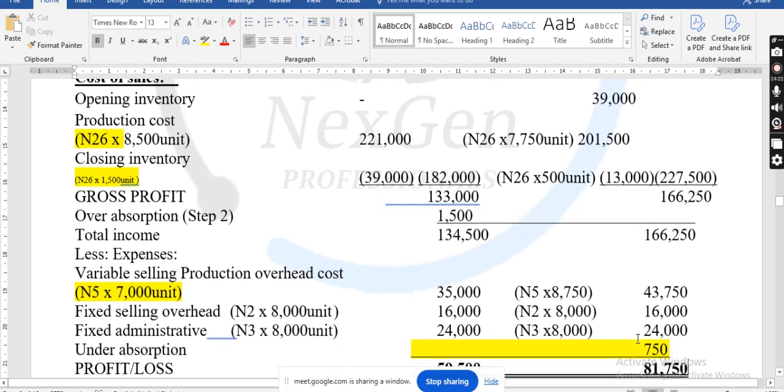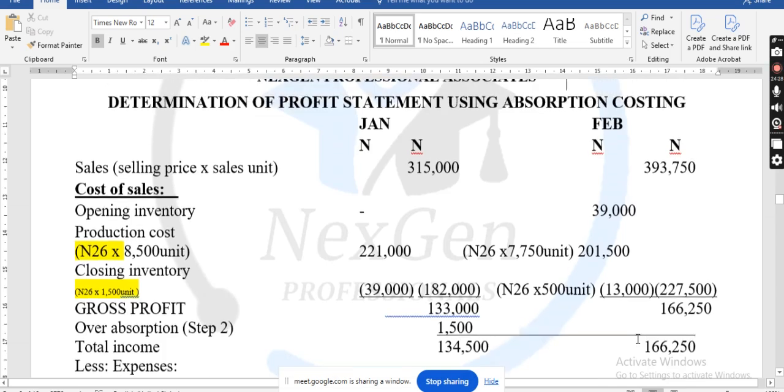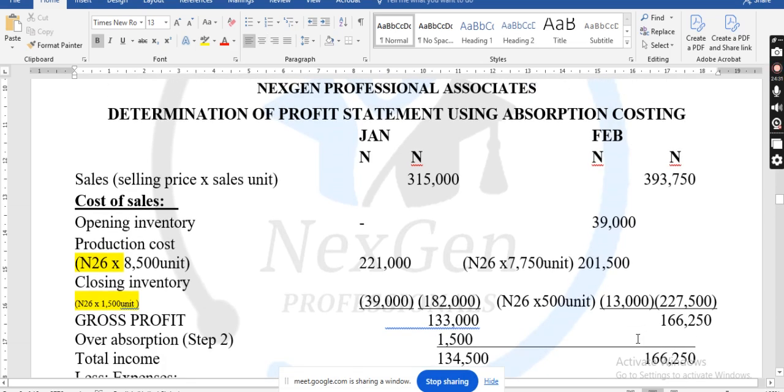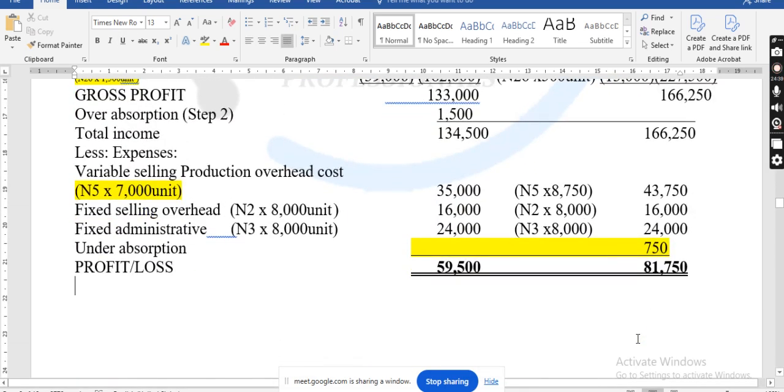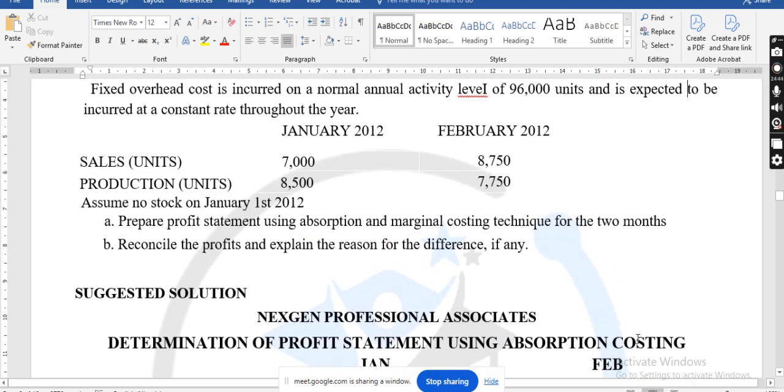The question says that using the marginal costing, determine the actual profit. Using the absorption costing, determine the profit statement, of which we've been able to do in this question. Don't forget that the question still went further and says reconciliation.